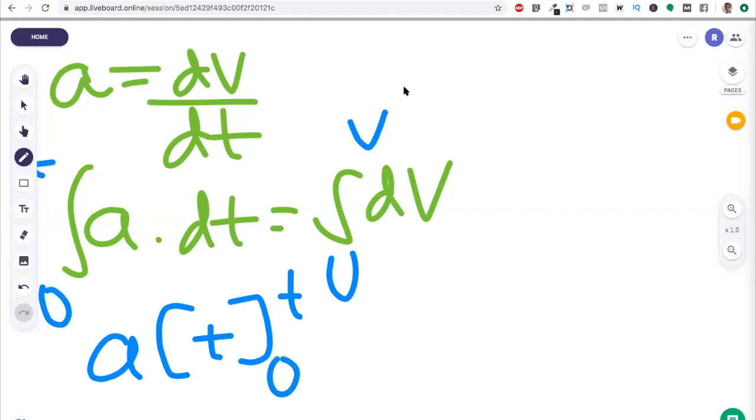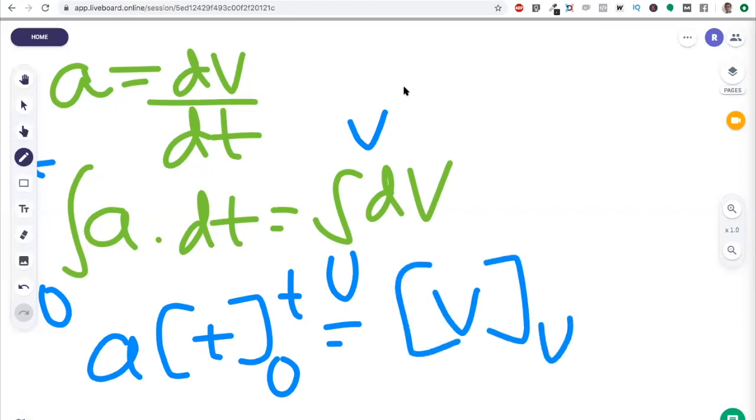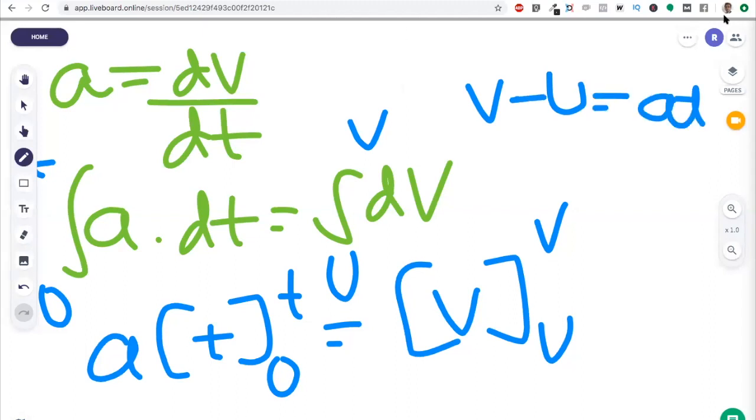Here we are putting the limits. Integration of dv comes out to be v, and the limits are u to v. Once you put these limits, you will get v minus u is equal to at. So that's the derivation of the first equation.